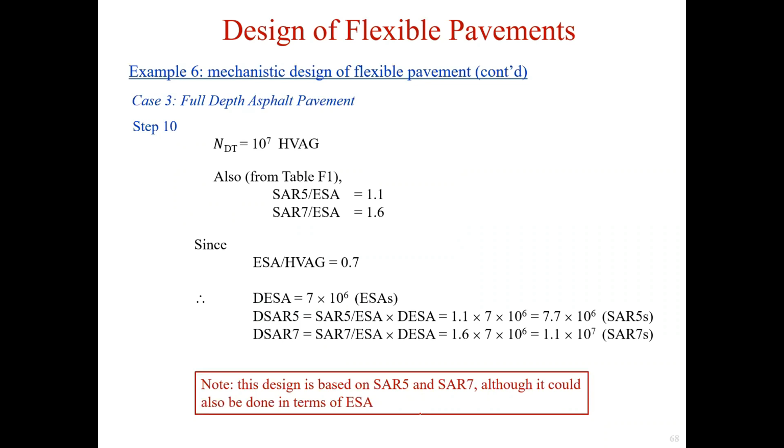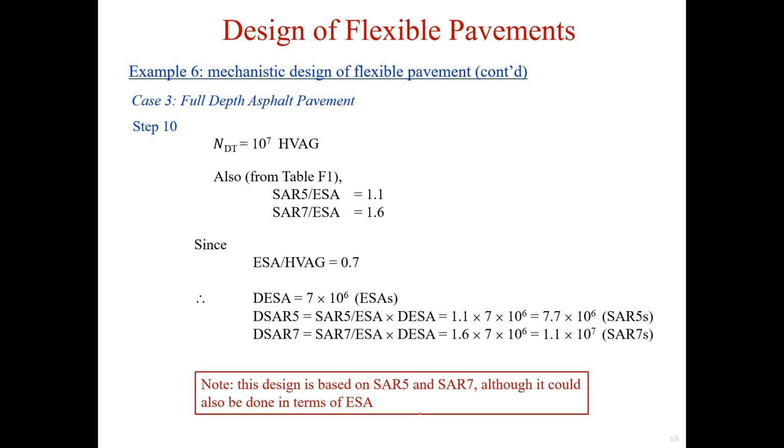Step 10 is to determine the design number of standard axle repetitions, SAR, for each relevant distress mode. From the given condition of NDT, SAR5 over ESA, SAR7 over ESA, and ESA over HVAG, we could work out DSA, DSAR5, and DSAR7.